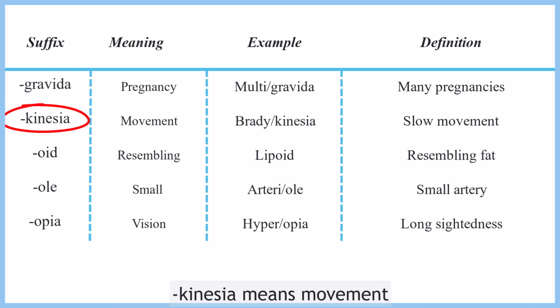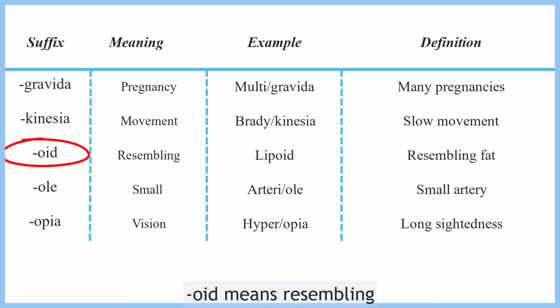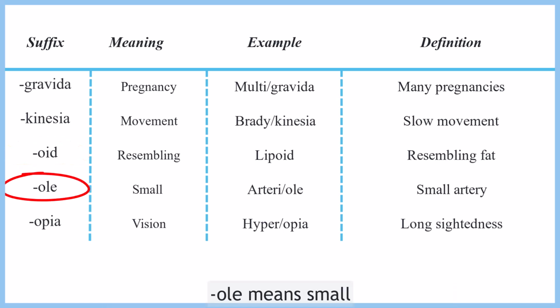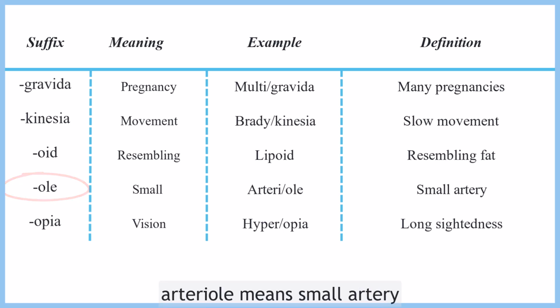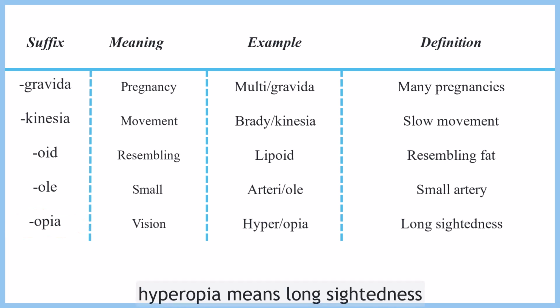Kinesia means movement. Bradykinesia refers to slow movement. Oid means resembling. For example, lipoid means resembling fat. Ole means small. Arteriole means small artery. Opia refers to vision. Hyperopia means long-sightedness.